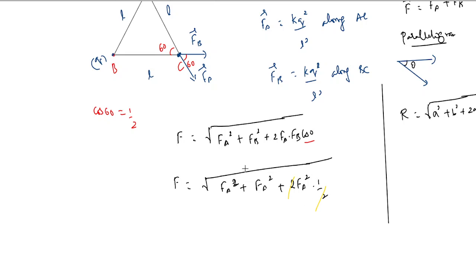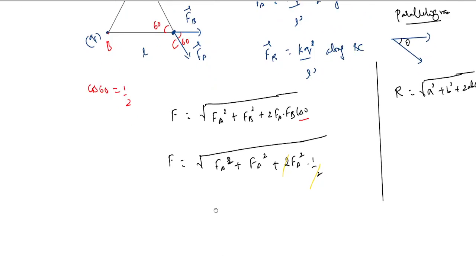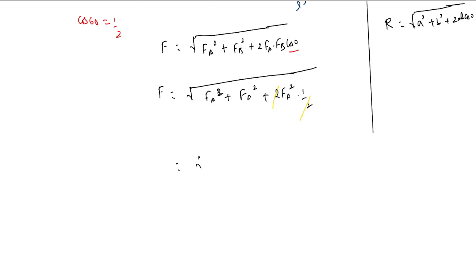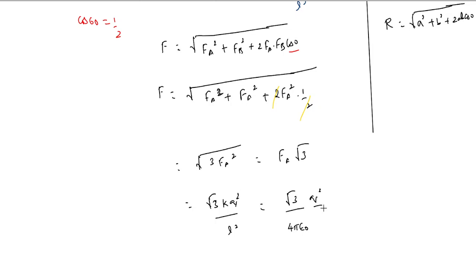So from this 2 gets cancelled, and what remains would be under root of 3 times Fa square. That is equal to Fa into root 3. But Fa, we know what Fa is, so it will be root 3 into K Q square by L square. If we put the value of K, it becomes root 3 by 4 pi epsilon naught Q square by L square. So this is the required answer.